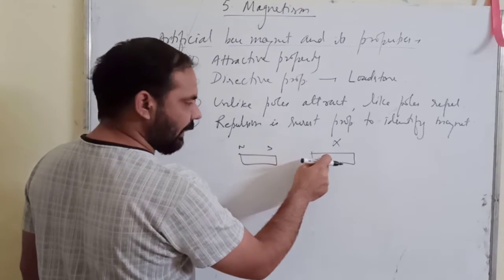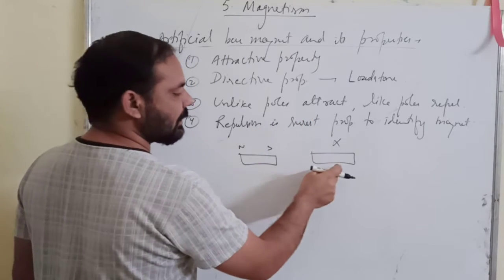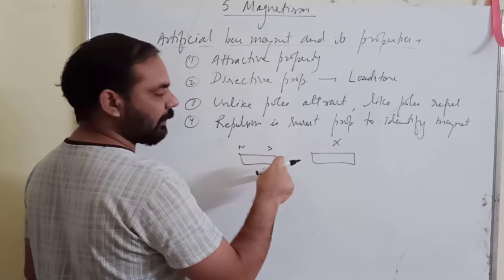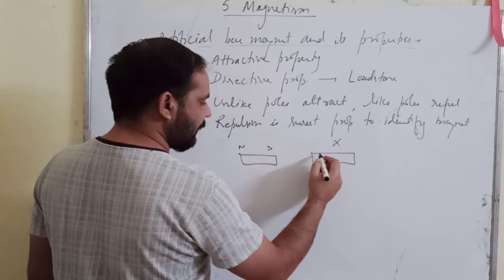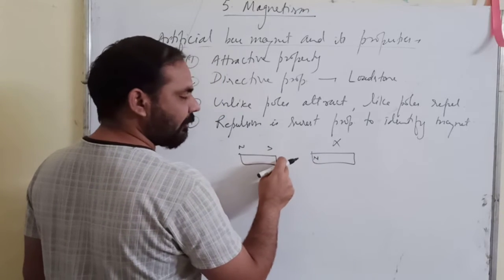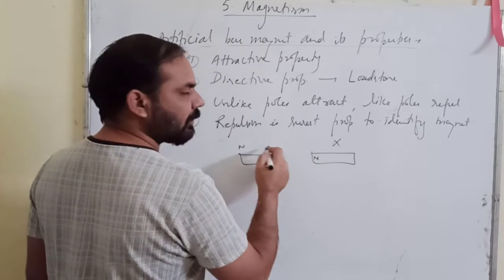If it gets attracted, that cannot determine whether it is a magnet, because a simple iron piece will also be attracted. Suppose it gets attracted to this pole. Now you reverse the magnet and bring it close again.